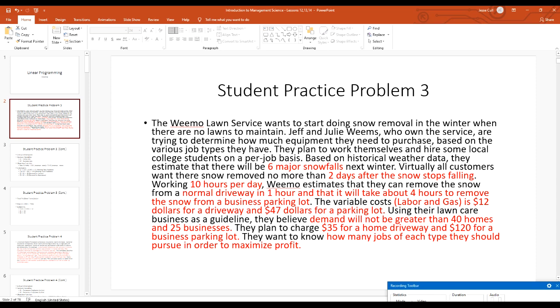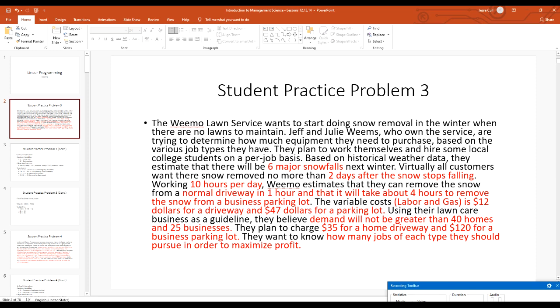In that scenario, we have to understand that our times are different. We have 12 days total, 6 snowfalls, 2 days after each snowfall, and we're working, as we see here, 10 hours per day.